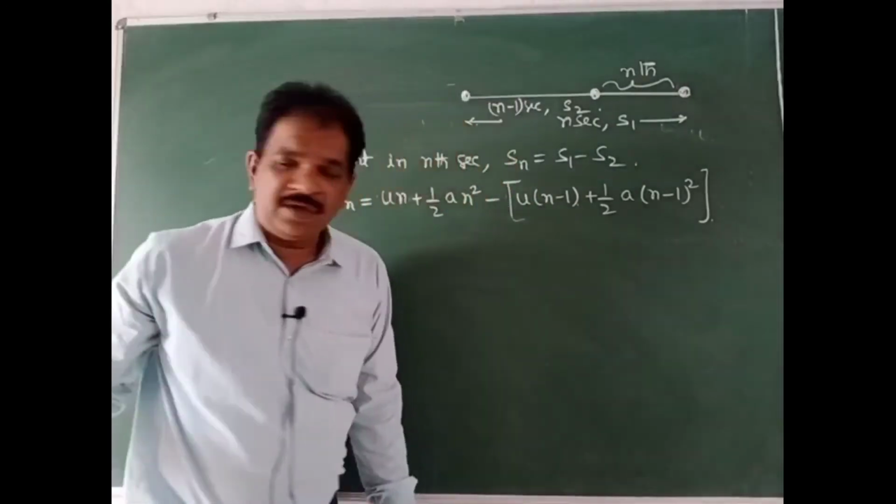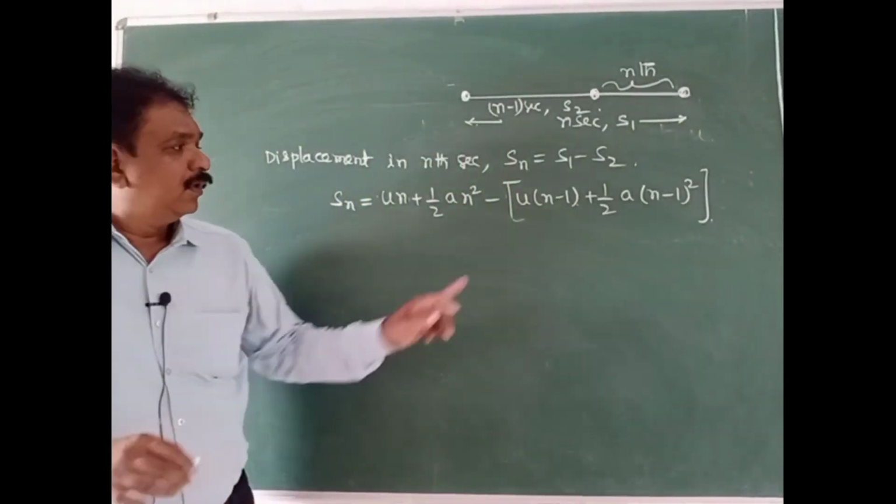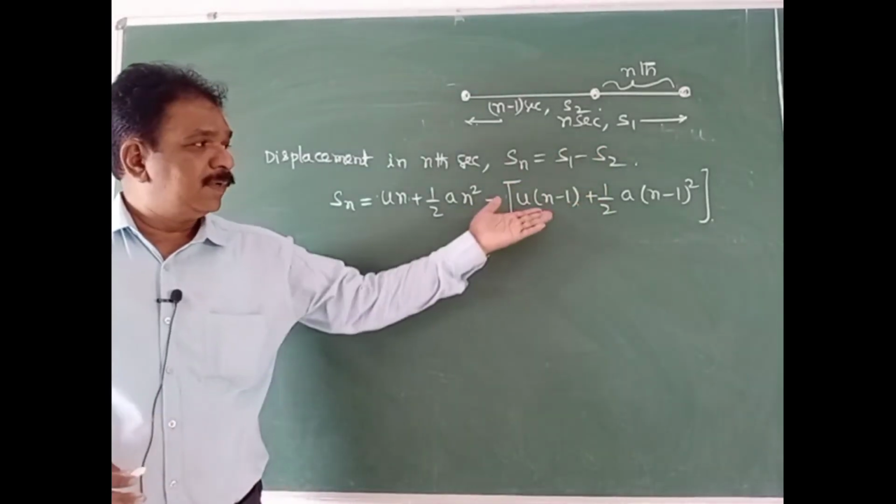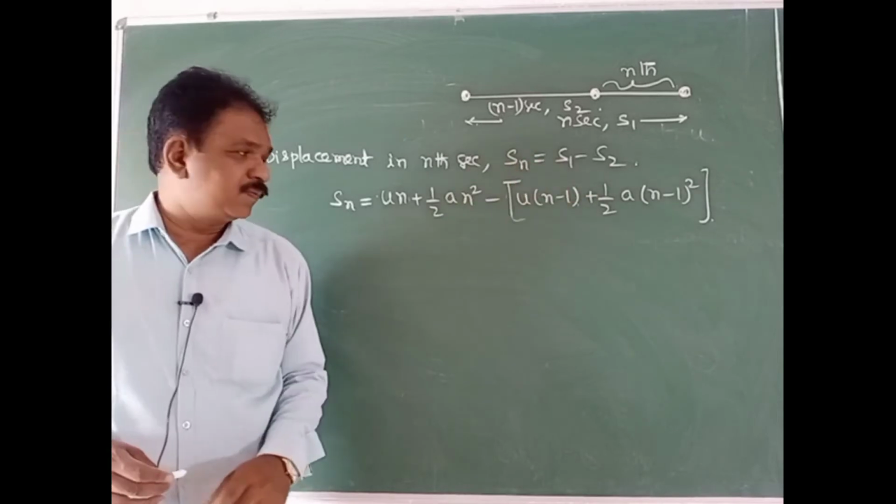Sn = un plus half an square minus S(n-1), which is u(n-1) plus half a into (n-1) whole square.